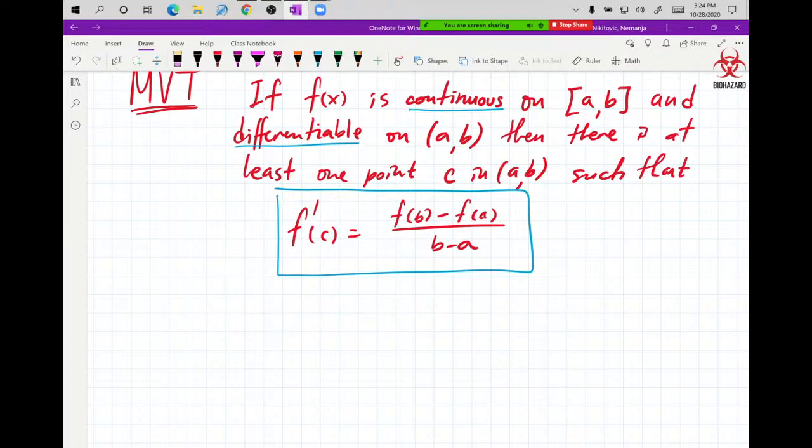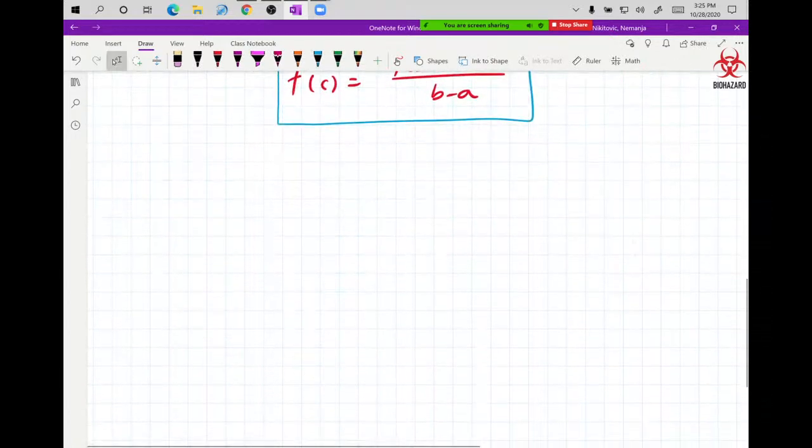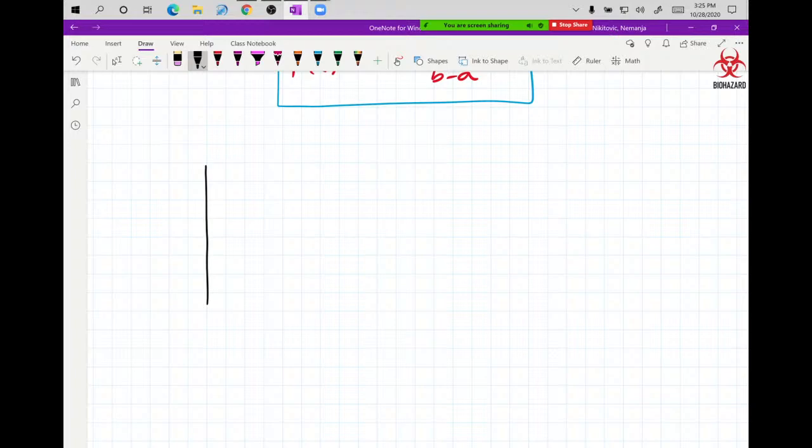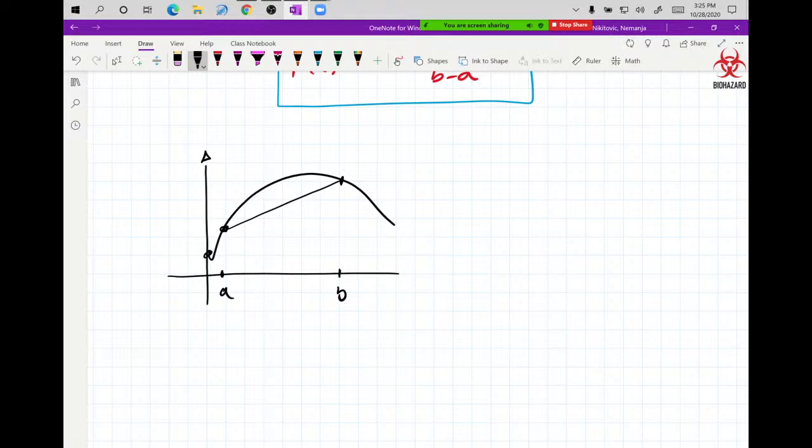Now, in more graphical terms, to understand how this also works, if you draw some function and you pick values a and b, the black line you see there is the secant line, which has slope m secant.